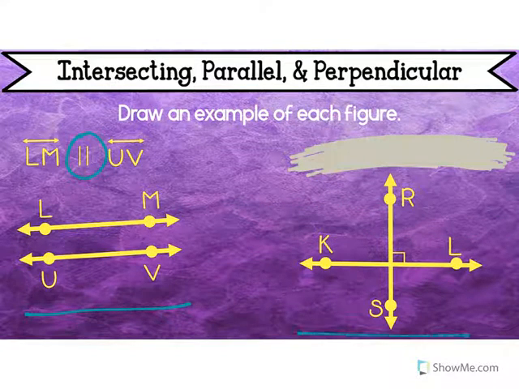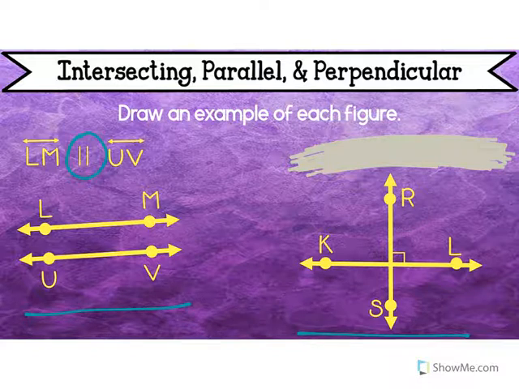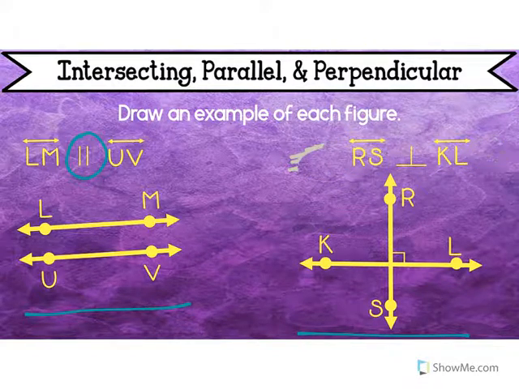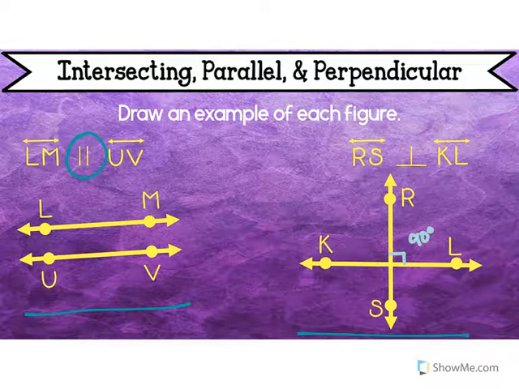Okay, take a look at that one. What are they? You are correct if you said they were perpendicular. They created a 90-degree angle. Perpendicular lines will always create this 90-degree angle or the right angle. See why it's so important to know the angle types? Okay.